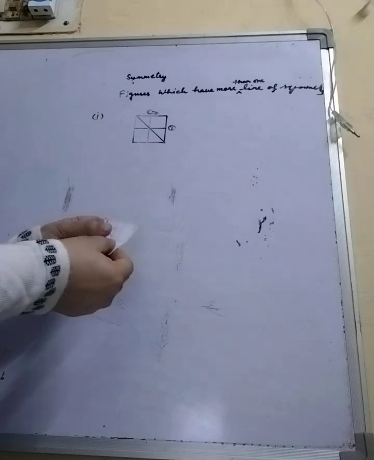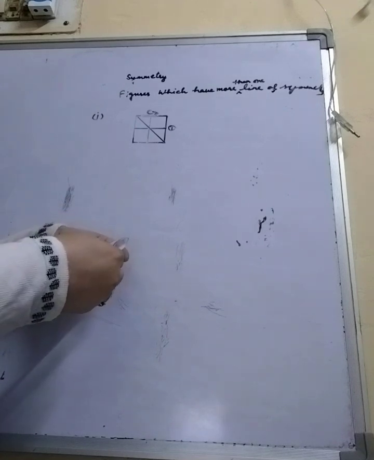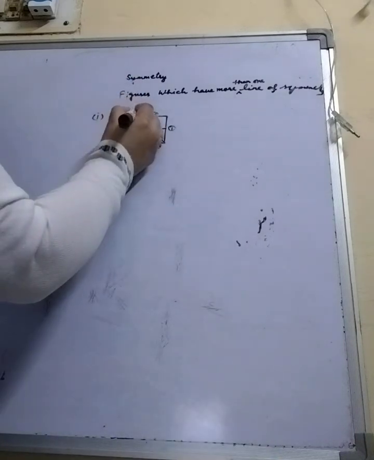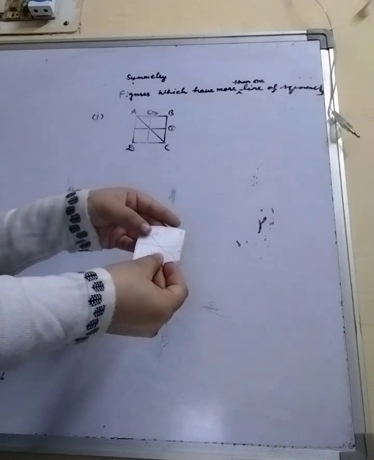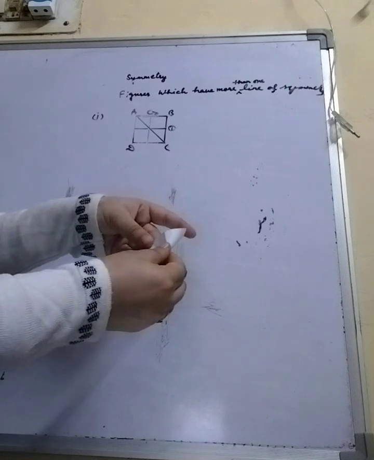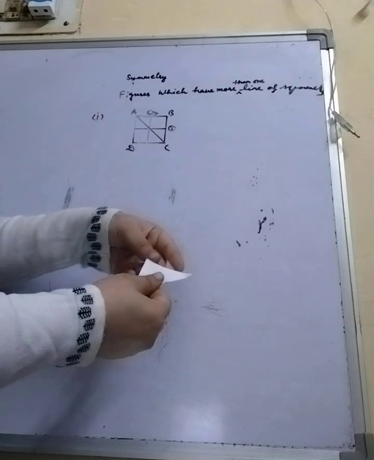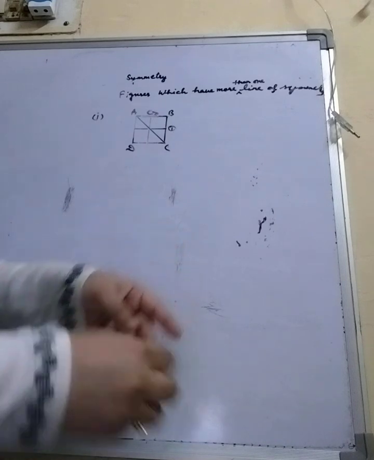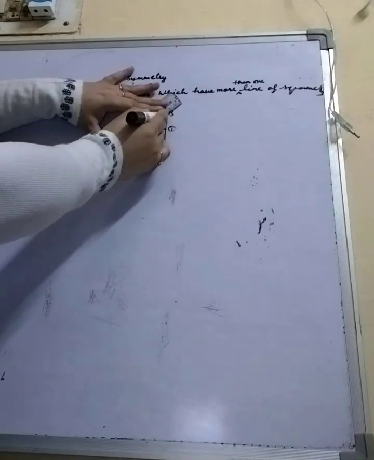Now you can guess what would be our next line of symmetry. If we fold the other side where B and D corners are folded, A, B, C, D. Now I am folding it along B and D. Sorry, I am folding it along A and C. So this is my part and this is the overlapping part, and we get the fourth line of symmetry along BD.